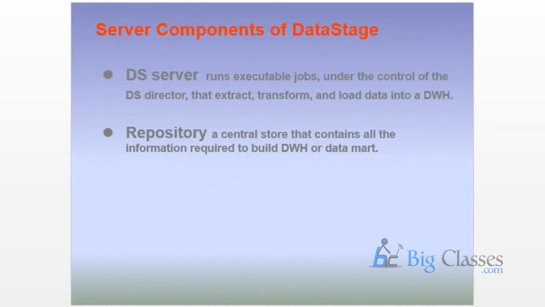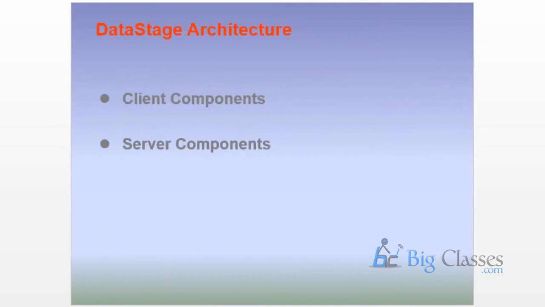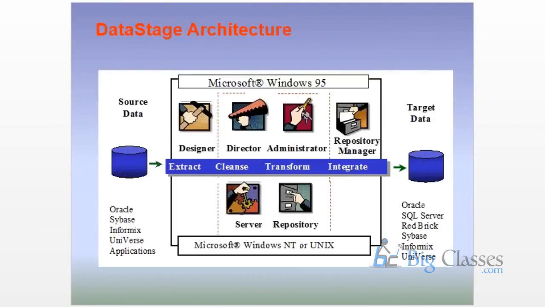I would like to show the architecture of DataStage. Above you can see the client. Basically, DataStage is a GUI based client server technology tool, so definitely you will have client tools as well as server tools.